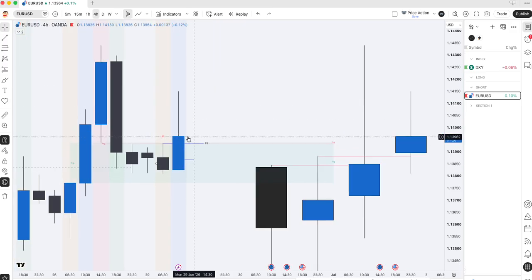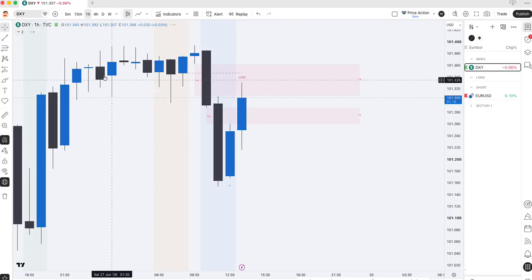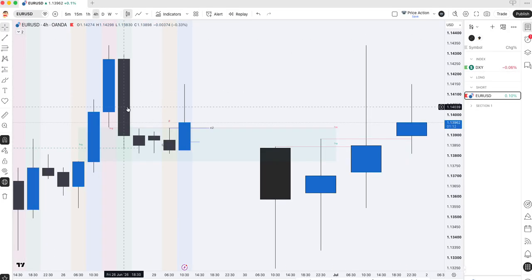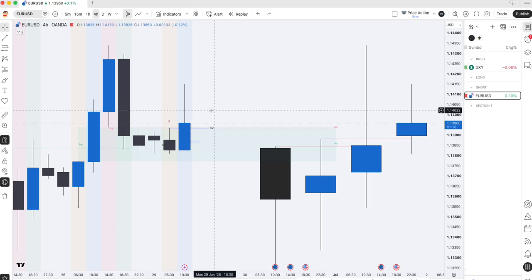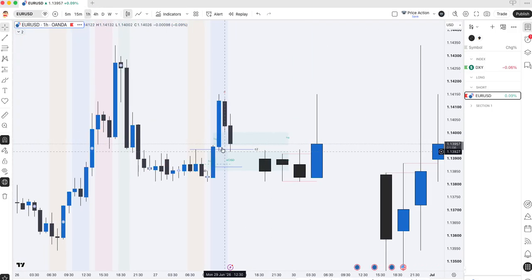If this candle closes like this, obviously the FVG will be gone. I'm not really sure if I should take this trade. Because on hourly I'm expecting price to tap into this FVG and go to the upside and continue going here.